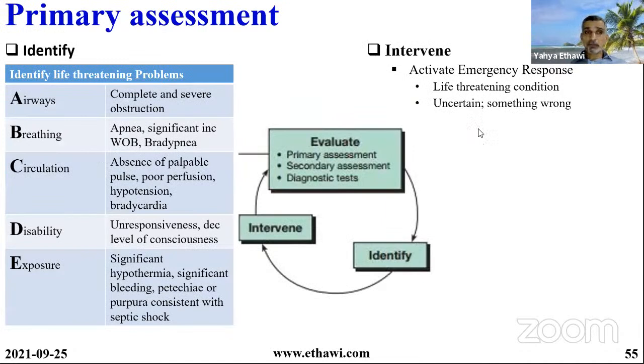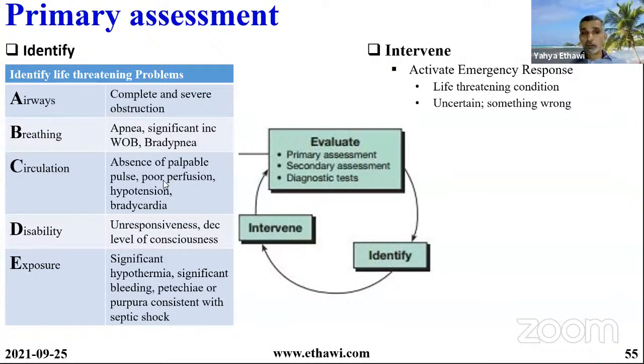Okay, remember that the primary assessment is composed of A, B, C, D, E. And remember, when A, we said identify, intervene. In airway, we say, is it maintained or unmaintainable? Unmaintainable is complete or severe obstruction. Breathing, there is apnea or increased work of breathing.